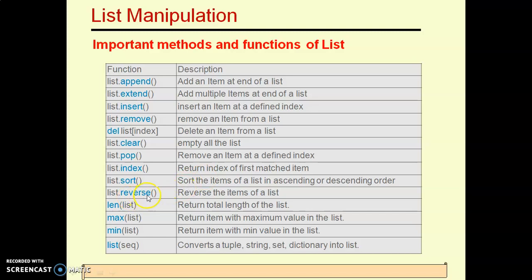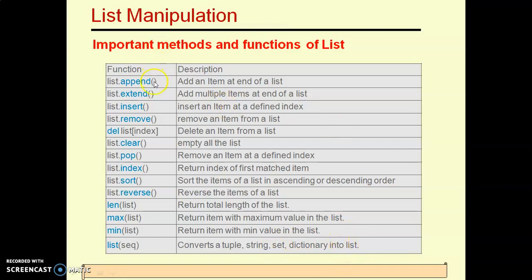Now list dot reverse reverses the items of a list. Length gives the length of a list. Maximum value from a list, minimum value from a list. Now this is a new one for you: list of a sequence. It converts a tuple, string, set or dictionary into a list.